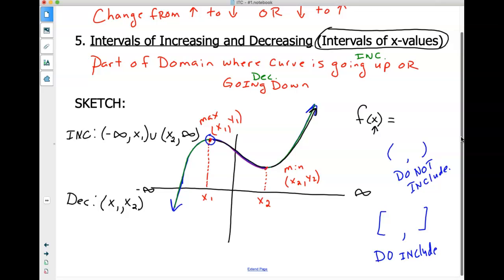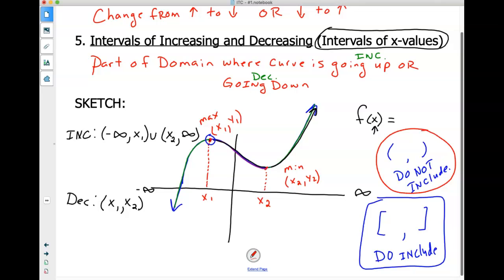Never, ever, ever put a bracket on infinity, because infinity means never stop, basically, okay? If you always use parentheses on increasing and decreasing intervals, you will always get them right as long as you have the appropriate numbers inside there, okay?